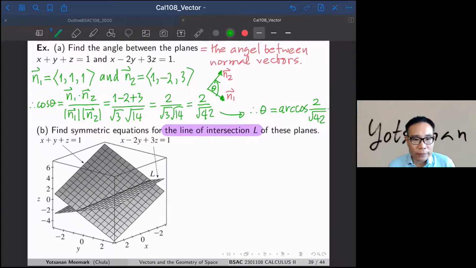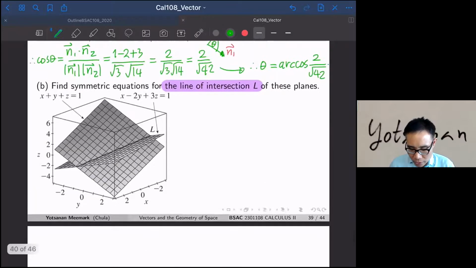The next one, we'd like to find the line of intersection. In order to find the line of intersection, you will need the direction vector of the line.